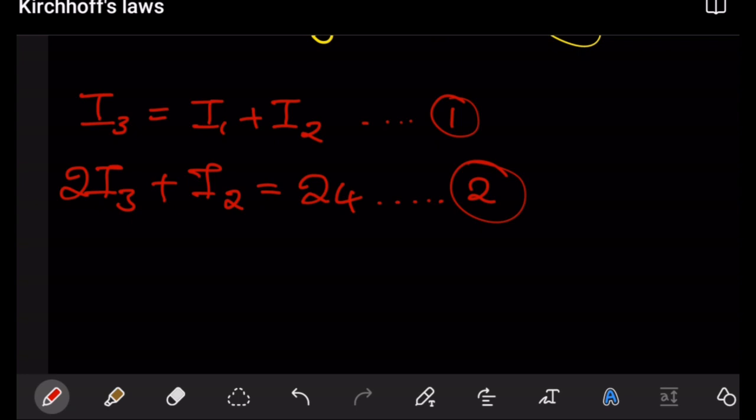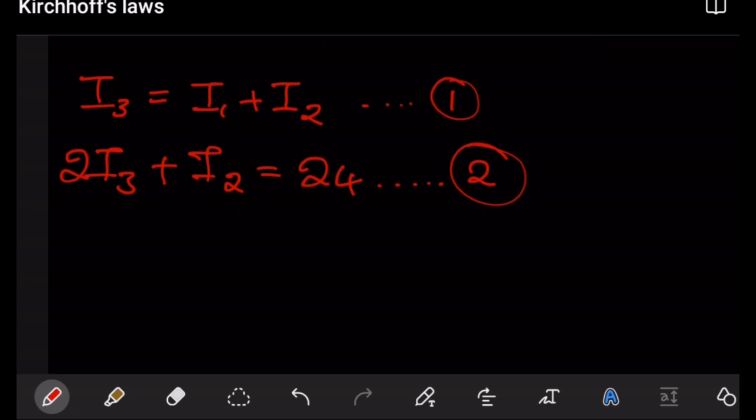This was the second equation. And from the previous scenario, we saw equation 3, and it came out as 4 I1 plus 5 I3 is equal to 20.